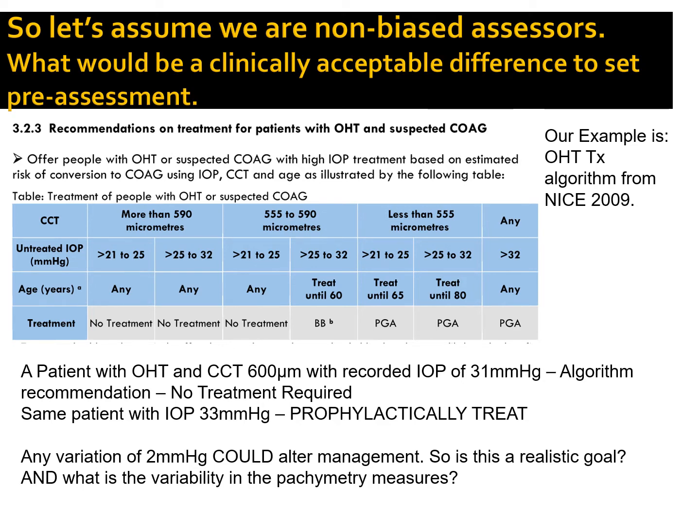But if the same patient with an IOP of 33 millimeters, it would suggest that we prophylactically treat. So we could argue quite soundly, I think, that a variation of 2 millimeters of mercury could alter management.